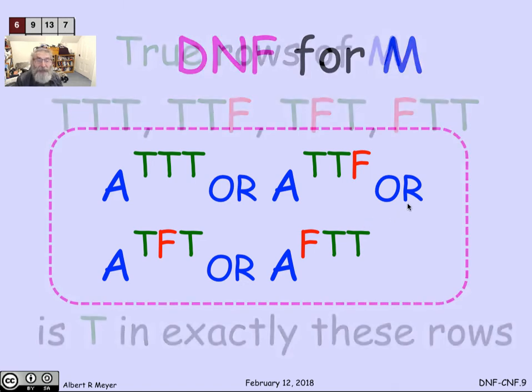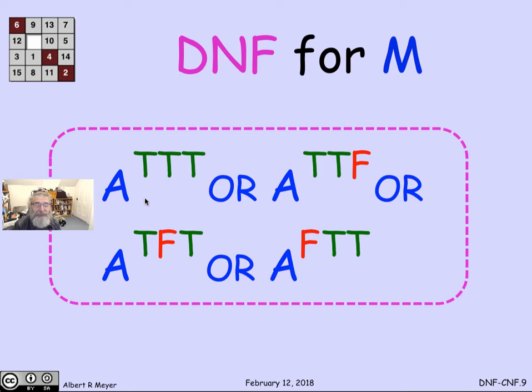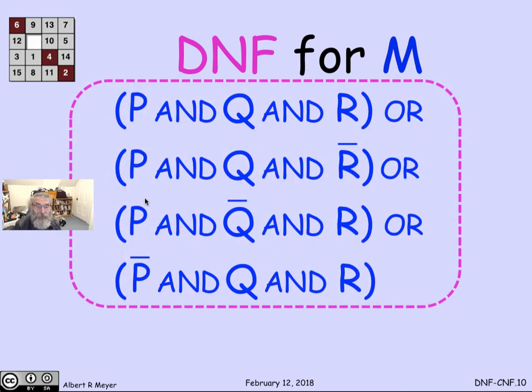In other words, this formula, the OR of the AND of literals terms corresponding to the true rows, has the same truth table as M. It's a formula for M. There it is spelled out. So this is a disjunctive normal form formula for M. Disjunctive normal form means it's an OR of individual terms that are ANDs of literals.